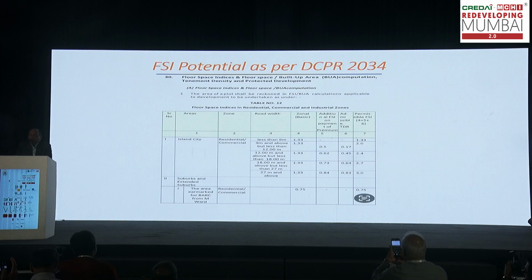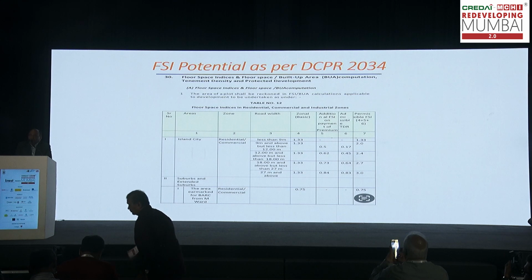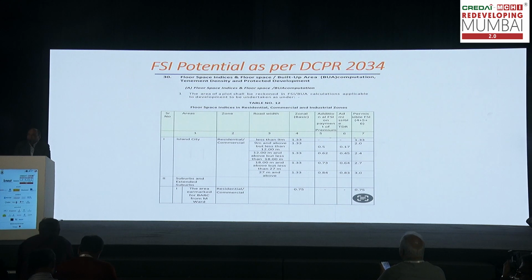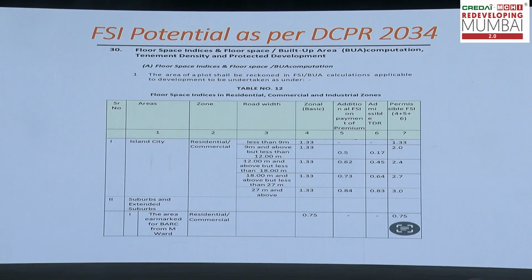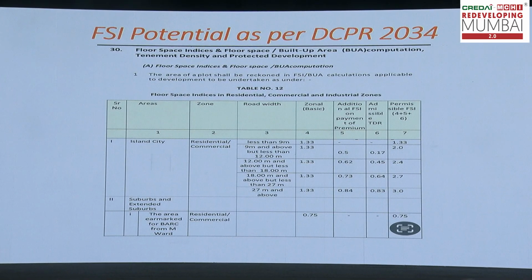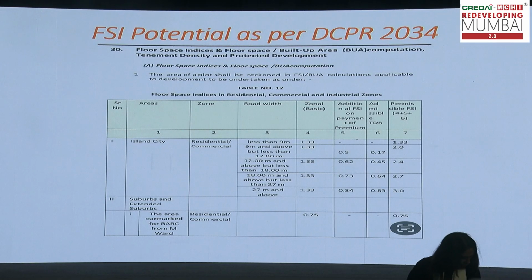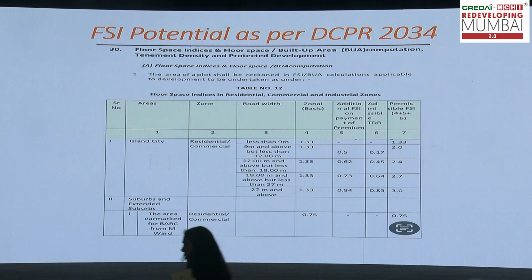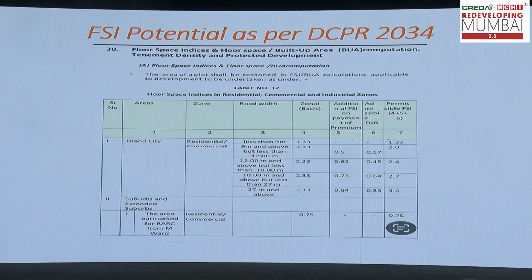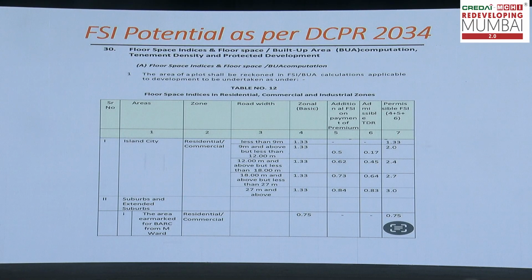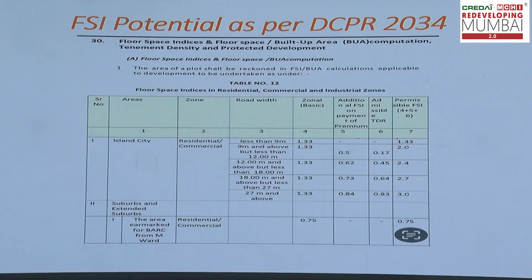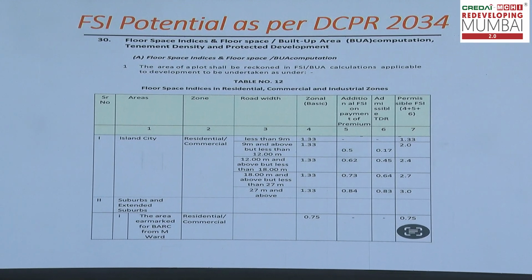This table says that for any plot in the city or suburb, there are two different tables, and the potential of the plot is divided into three parts. One is the basic zonal FSI, second is the premium FSI allowable on that plot, and third is the TDR component that can be loaded on that plot.